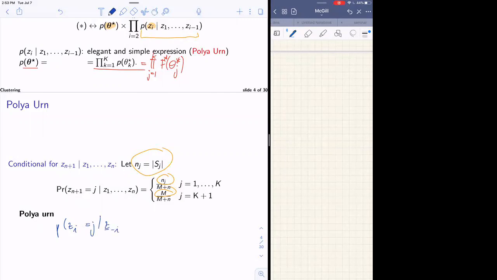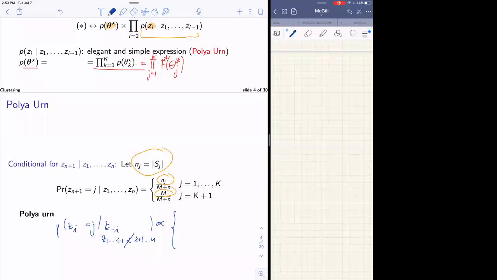Can I write boldface theta sub minus i for all the other thetas minus the ith one? So this is theta 1 through i minus 1, not the ith one, i plus 1 down to n. It turns out the conditional of the ith one given all the others has exactly the same form.